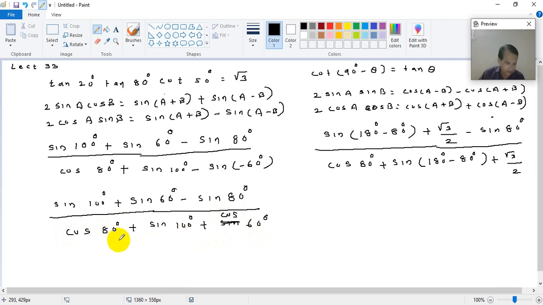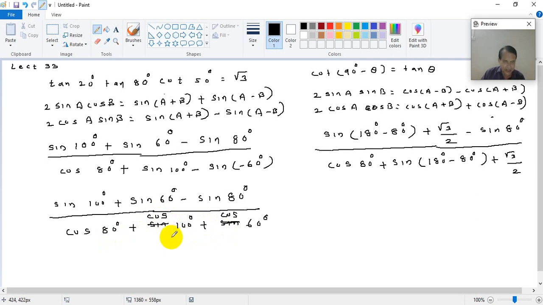So now the denominator is cos 80 plus cos 100 and plus cos 60. Cos 100, this should be cos 100, sorry. So the denominator is cos 100 plus cos 60 plus cos of 80.